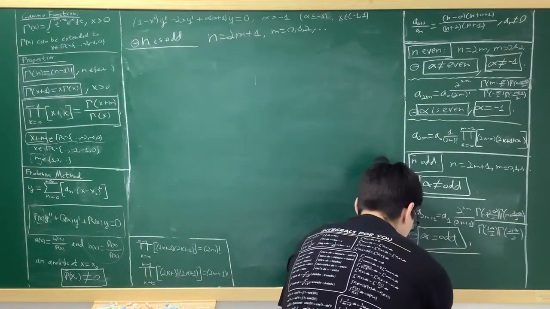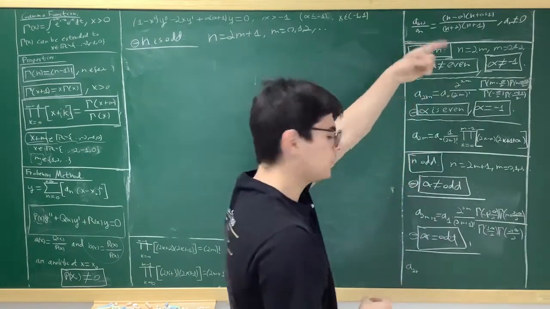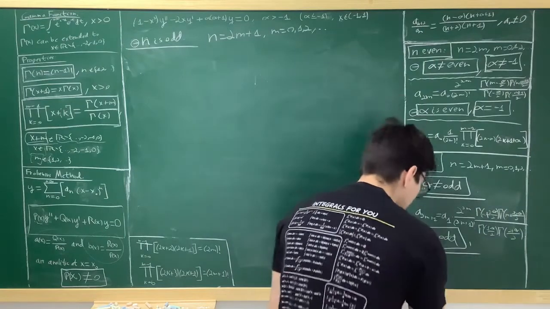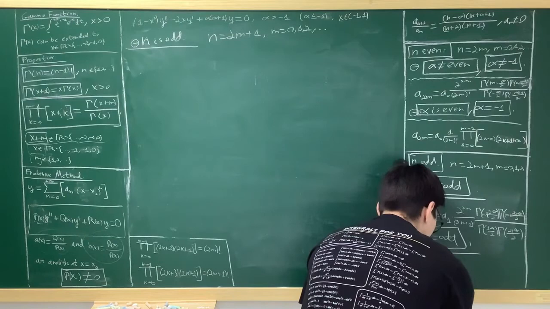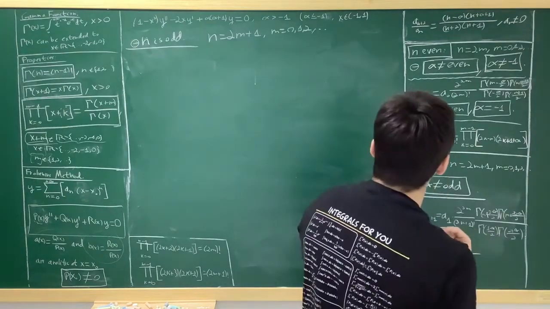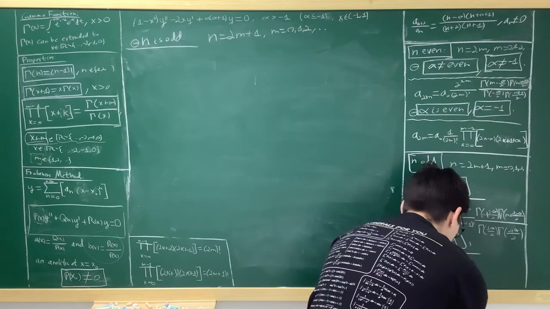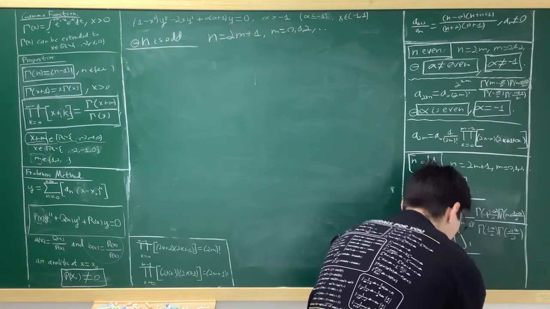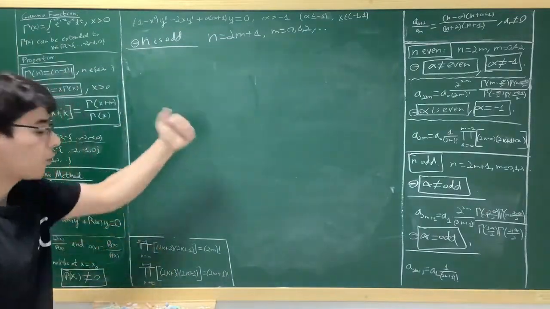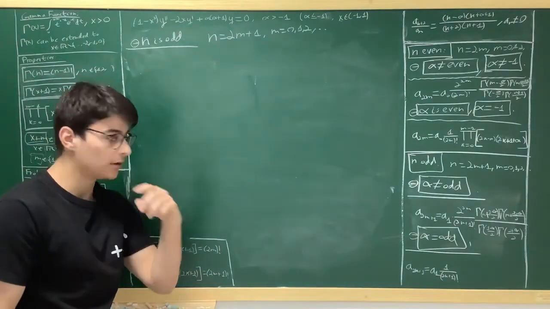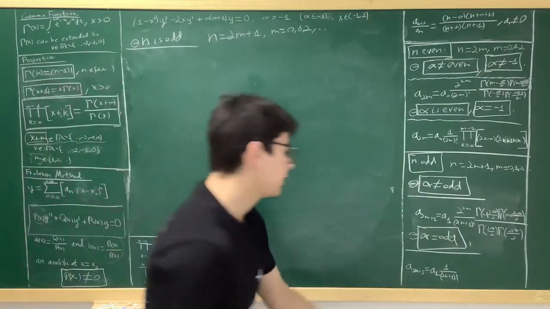Well, it is just that a2m plus 1, no, it was 2m, yes, 2m plus 1, is equal to the first term a1 times 1 over 2n plus 1 factorial. I'm going to do it fast, but if you have any doubts, just go back in the video, check the general relation, the one with the product, before we use our gamma functions, and this is just what I'm writing here.